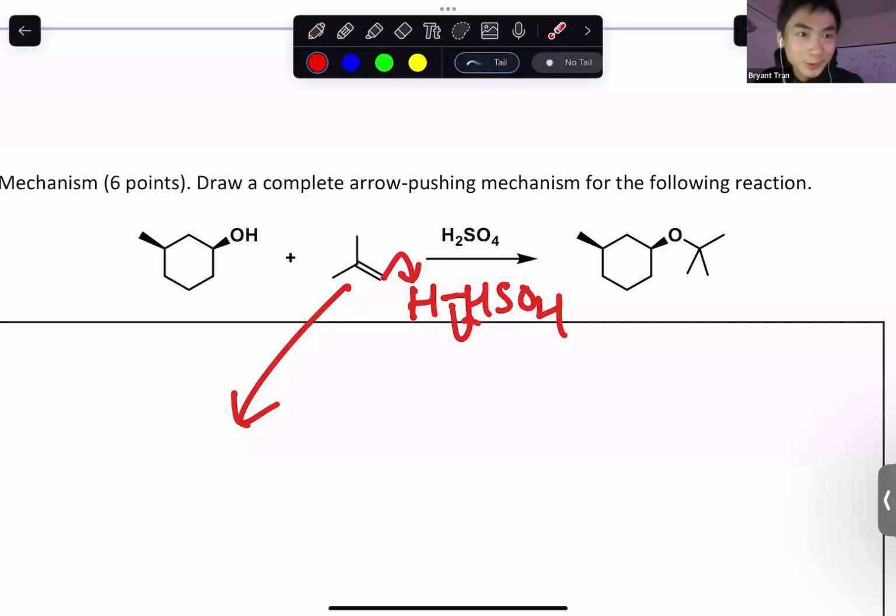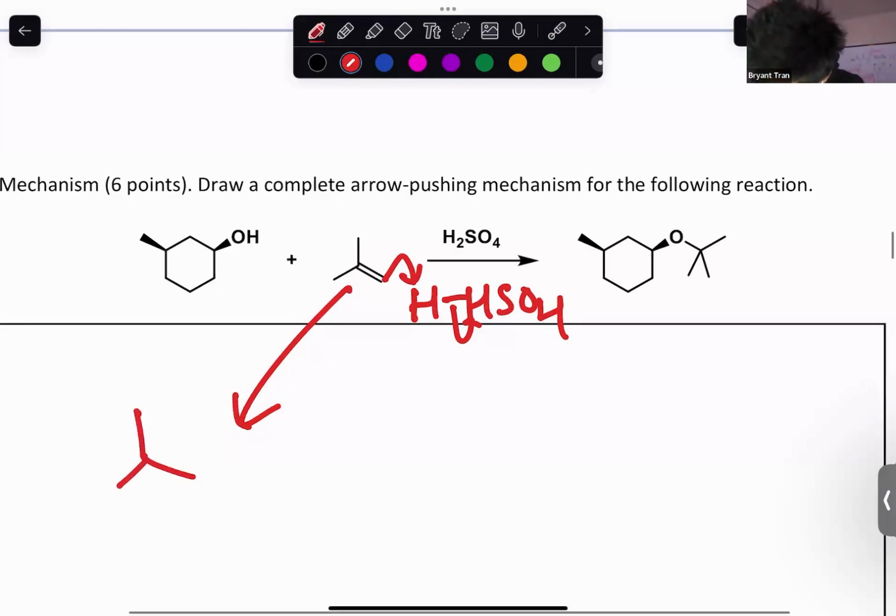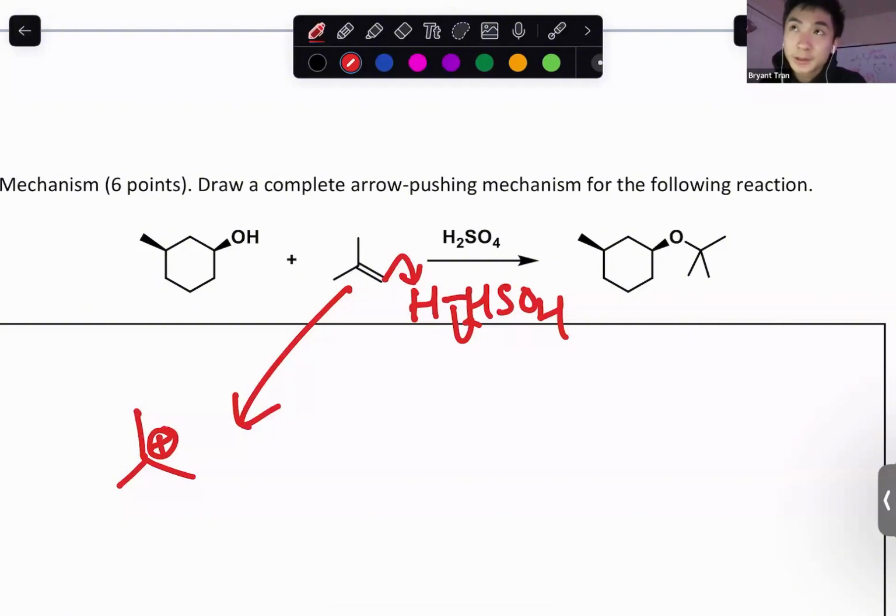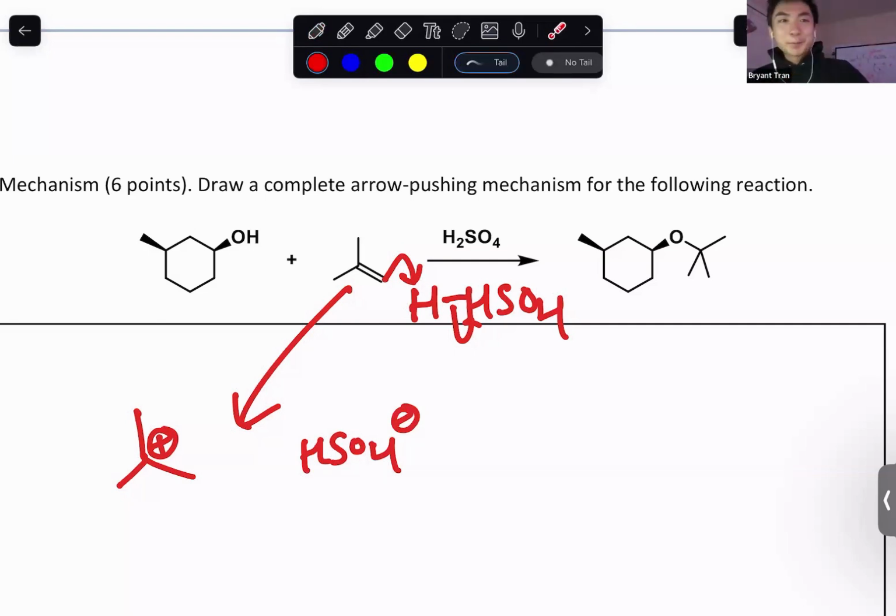What factor makes a more substituted carbocation more stable than a less substituted carbocation? There's actually multiple factors, but what factor in this molecule here with no resonance? Hyperconjugation, right?